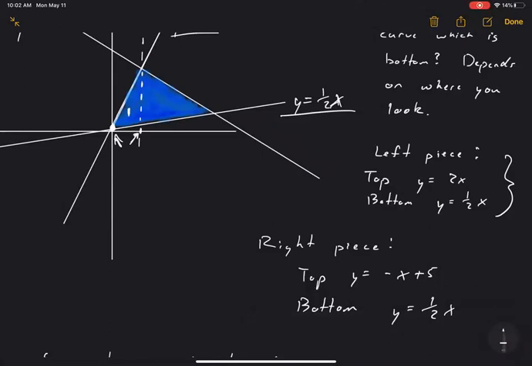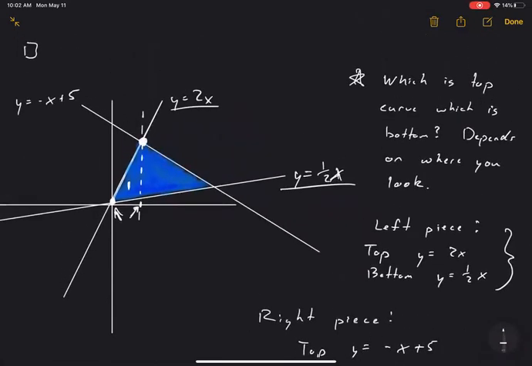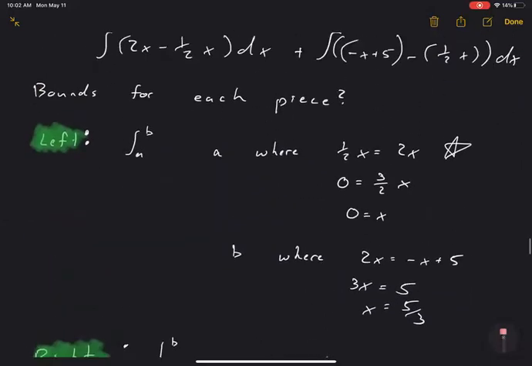Well, the x value is the same as the x value up here. So what's the x value up there? Well, that's where these curves y equals negative x plus 5 and y equals 2x intersect. So let's solve for that x. I set 2x equal to negative x plus 5 and solve for x, and I get x equals 5/3.